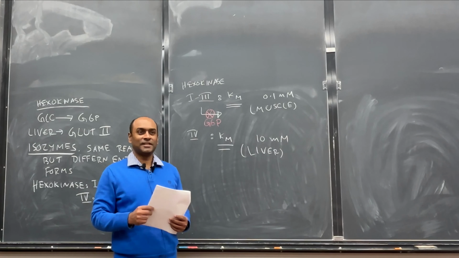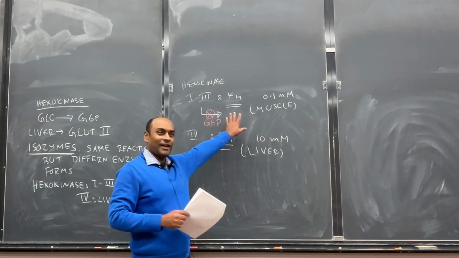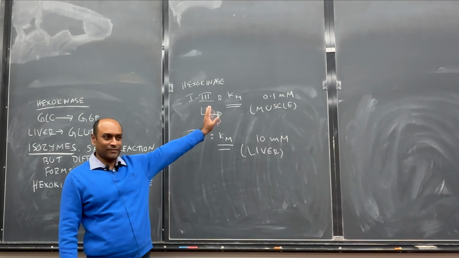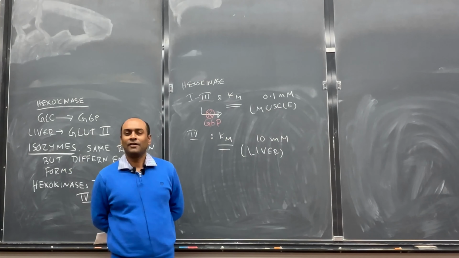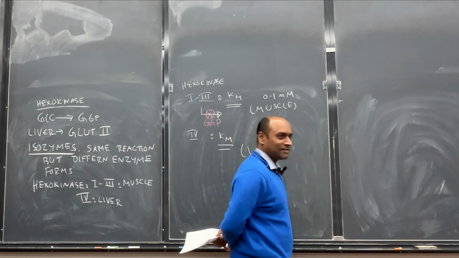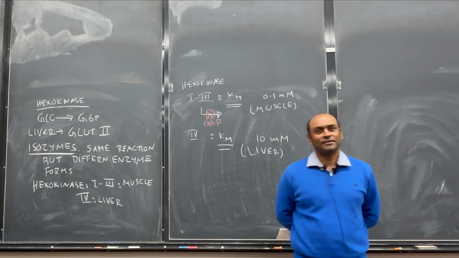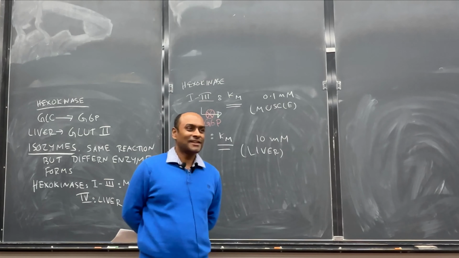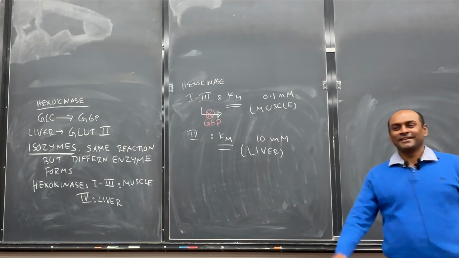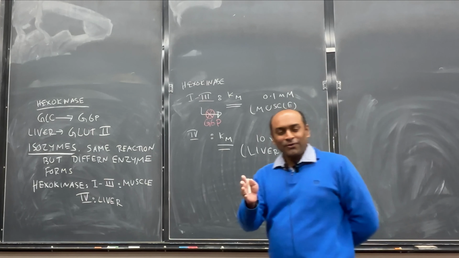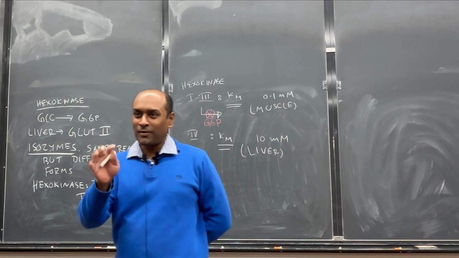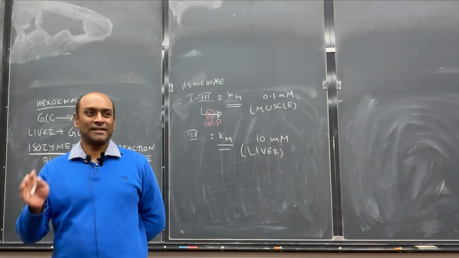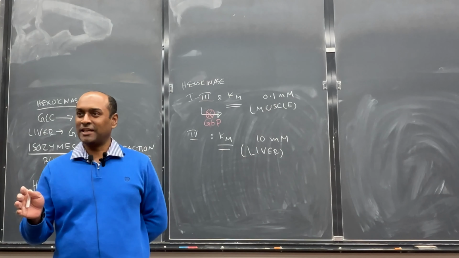Okay, that's all good. But the question still is why muscle hexokinases have such low Km, and why does so? What you are saying is that the muscle has a high need of ATP than liver. Is that true? It must be true, right? Muscle needs a lot of ATP. What it means, whenever there is glucose, muscle wants it first because muscle contraction needs a lot of ATP.